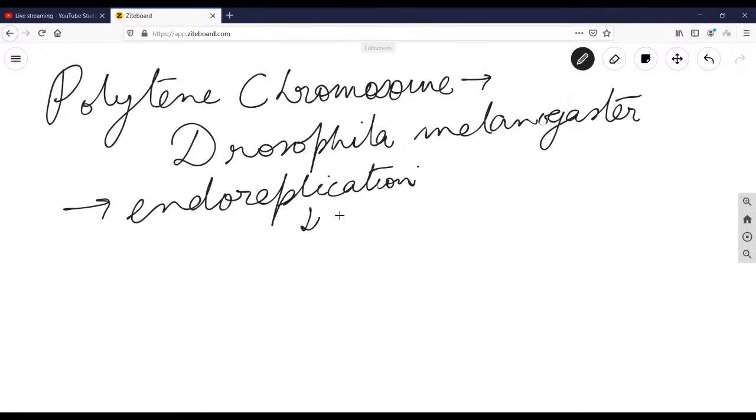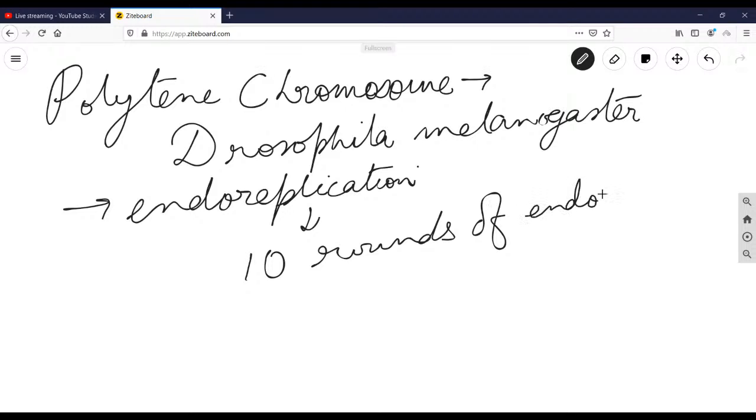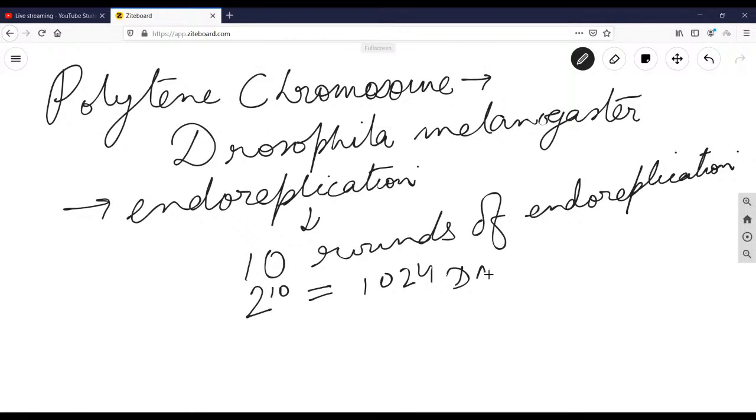In S phase the chromosomes keep on replicating, so you have 10 rounds of endoreplication. They keep on replicating without getting segregated, right? So 2 DNA strands to the power 10, how many will you get? 1024 DNA strands.